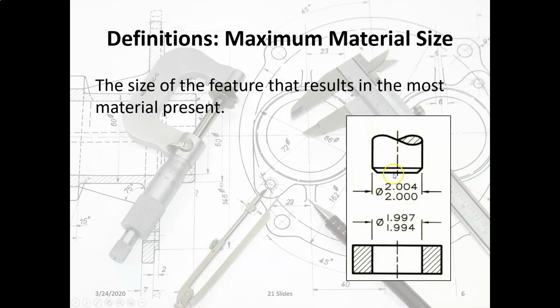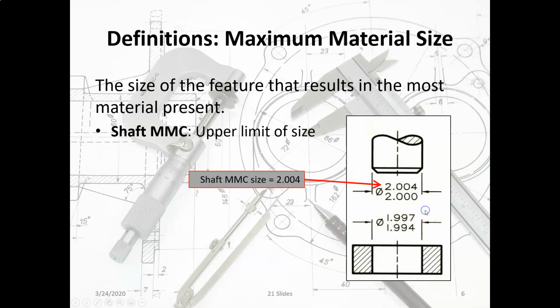The shaft has a tolerance on its diameter of 2.000 to 2.004 inches, and the hole has a tolerance of 1.997 to 1.994. The maximum material size for the shaft, resulting in the most material in the shaft, would be its largest size. This is when the shaft is going to have the most material present.